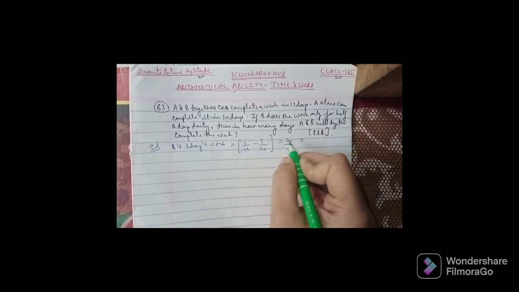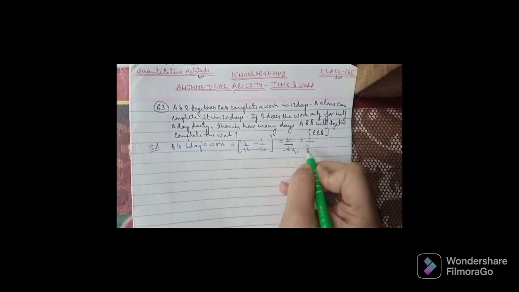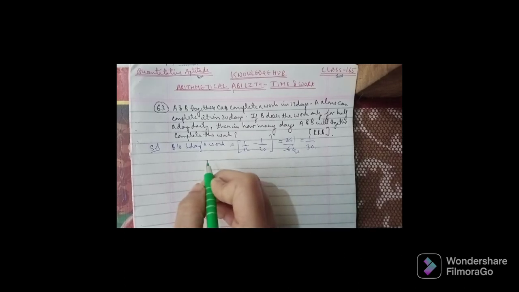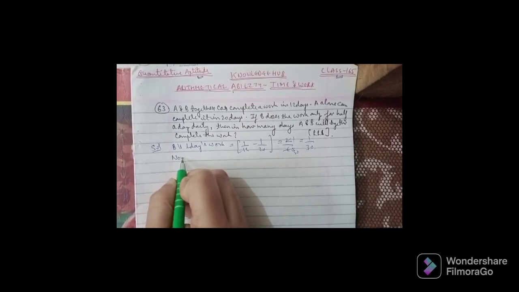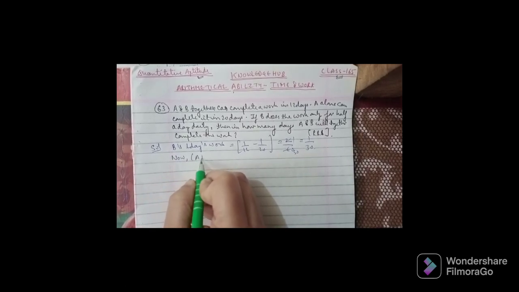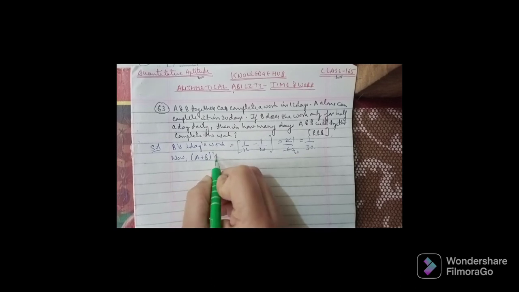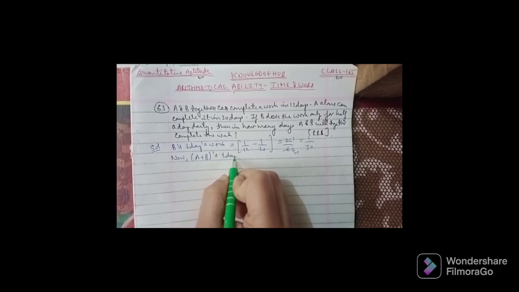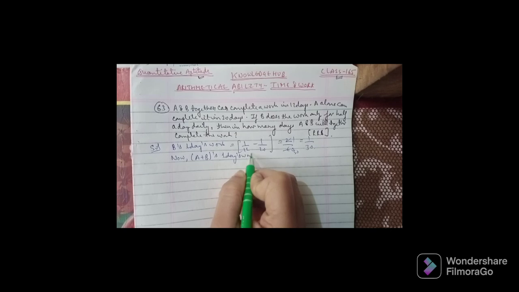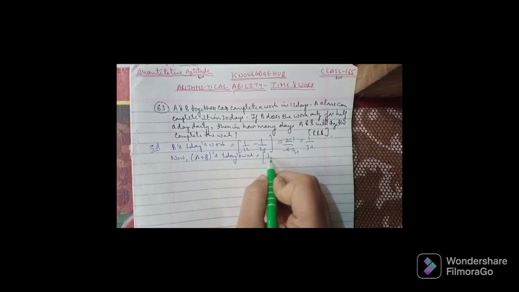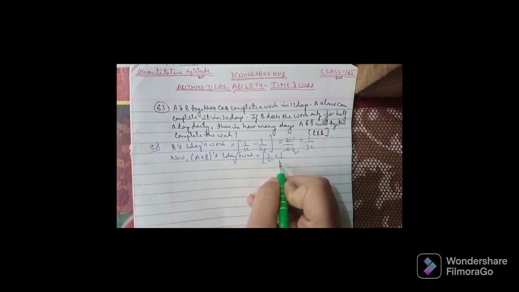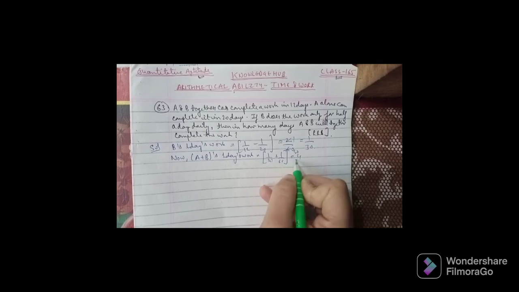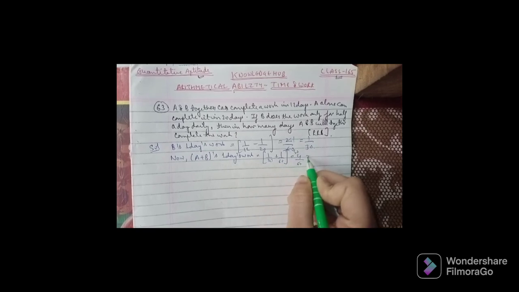That is, 2 ones are 2 and 2 30s are 60, it will be 1 by 30. Now A plus B's 1 day's work: 1 upon 20 plus 1 upon 60, it will be 4 upon 60, that is 1 upon 15.